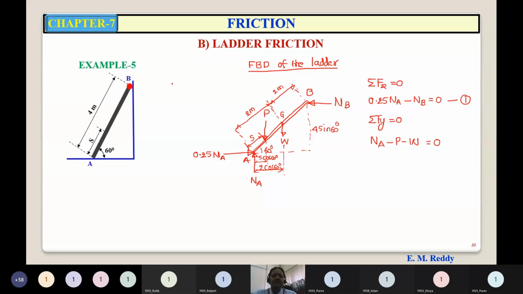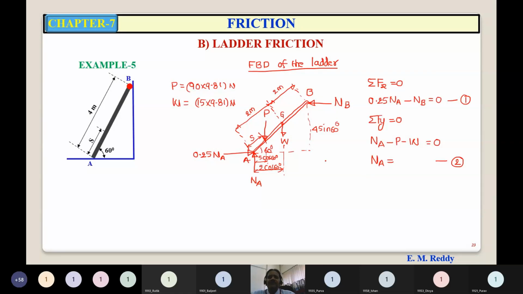What is P? It is 90 into 9.81, since the weight of the painter is given as 90 kg. And the weight of the ladder is 15 kg, so it is 15 into 9.81. From this you will get Na.